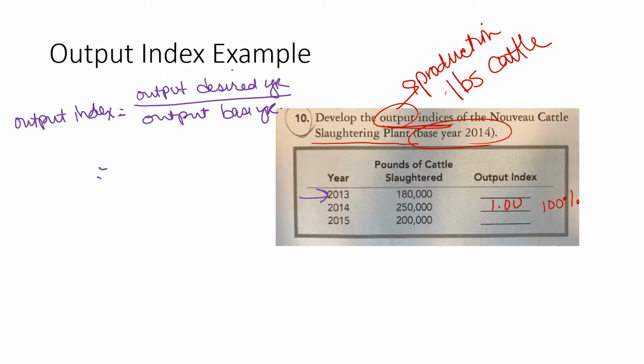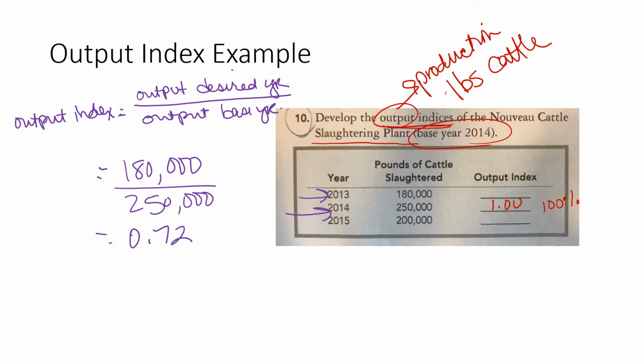So let's start with 2013. Our output of the desired year is 180,000. We're going to divide that by our base year, which is 250,000. And if we do that, grab my calculator, 180,000 divided by 250,000, I get 0.72. So my output index is going to be 0.72 or 72%.